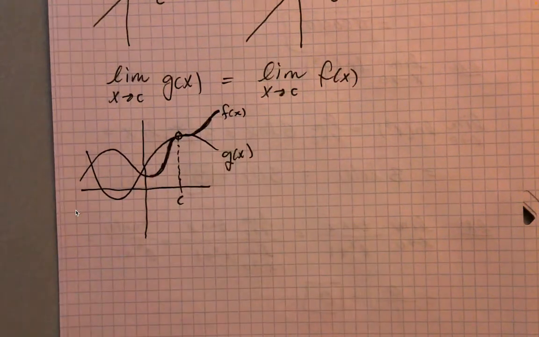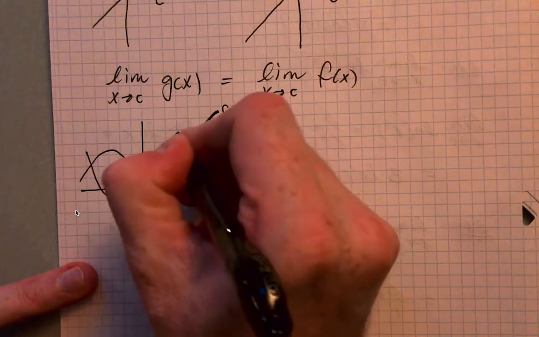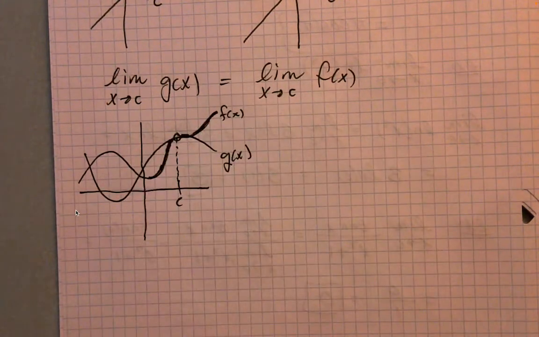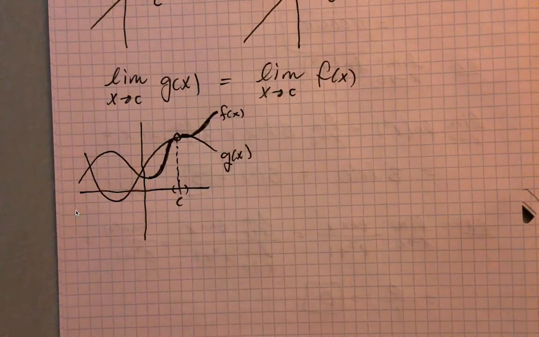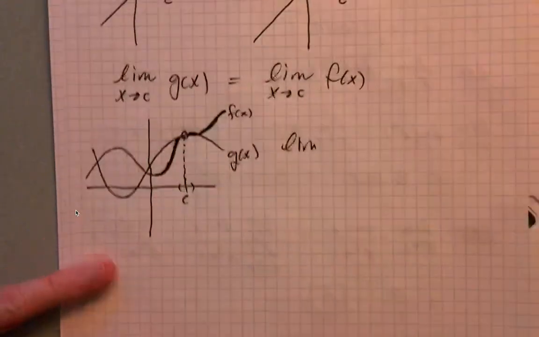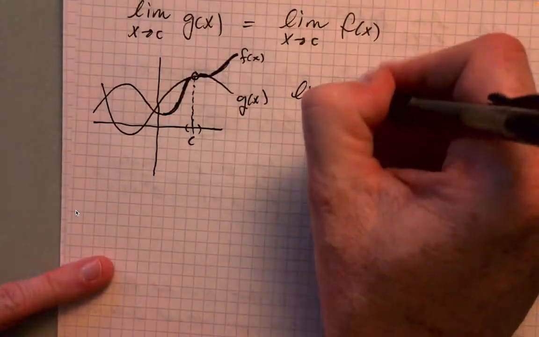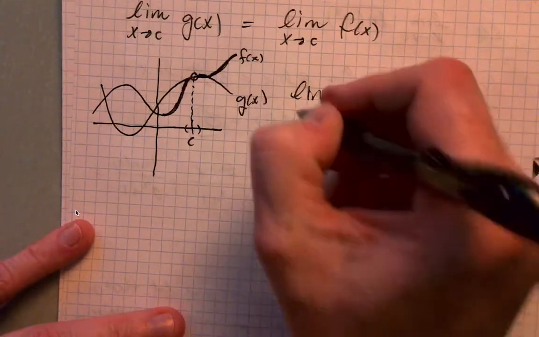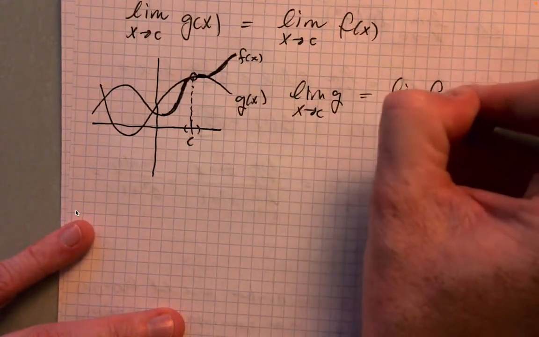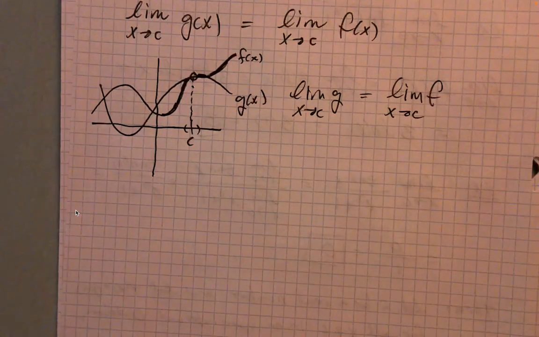In that case, you can see that the functions aren't identical, but they are equivalent on an open interval around c, and so the limit of the one is the limit of the other. So in this case, the limit of g is equal to the limit of f as x approaches c. A handy theorem.